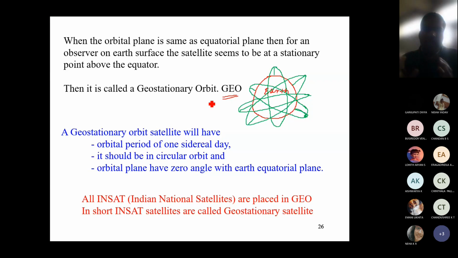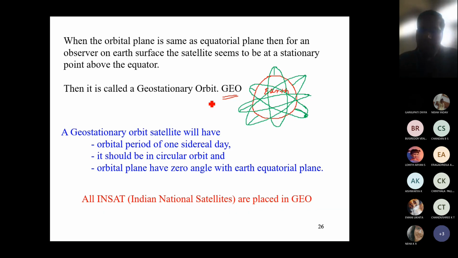Okay, so what is the relationship between the geosynchronous orbit and geostationary orbit? Geosynchronous orbits are the orbits in which the satellites are rotating at a velocity. As I have mentioned here, there are 3 different points about geostationary orbit.